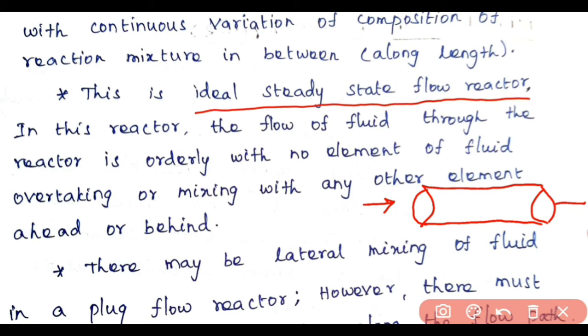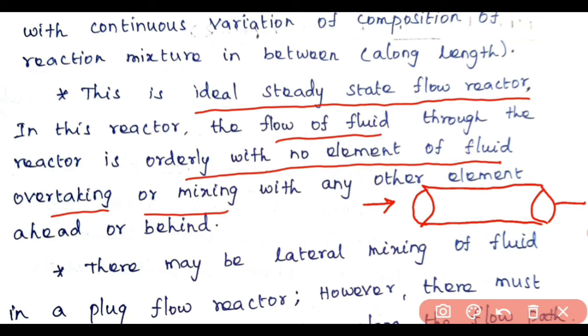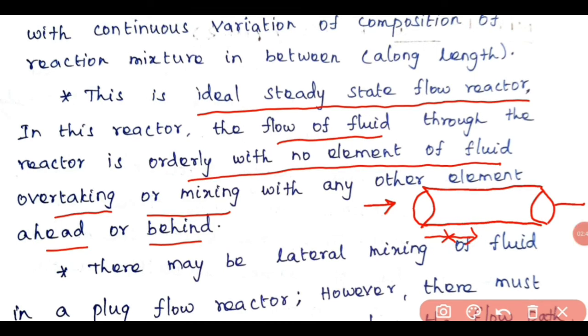So in this reactor, the flow of fluid through the reactor is orderly with no element of fluid overtaking or mixing with any other element ahead or behind. So along the length of the tube there is no mixing. There may be lateral mixing of fluid in a plug flow reactor.